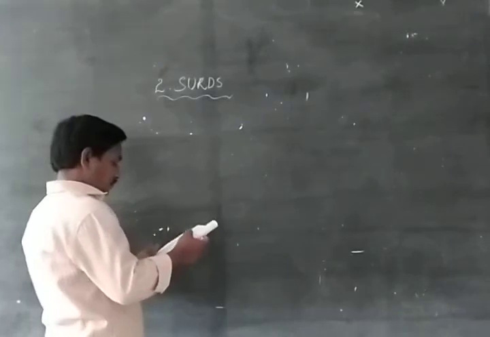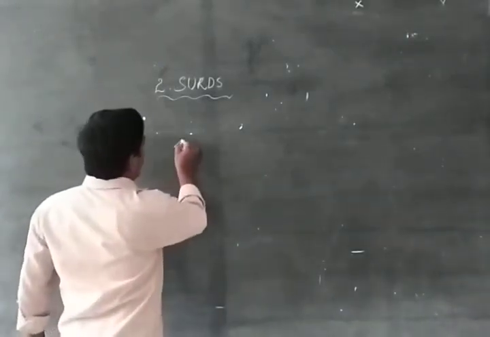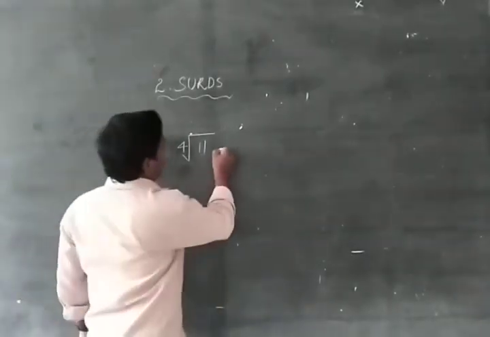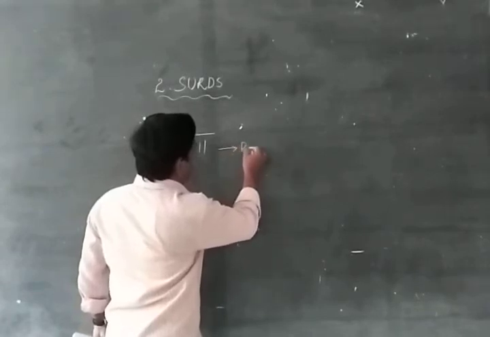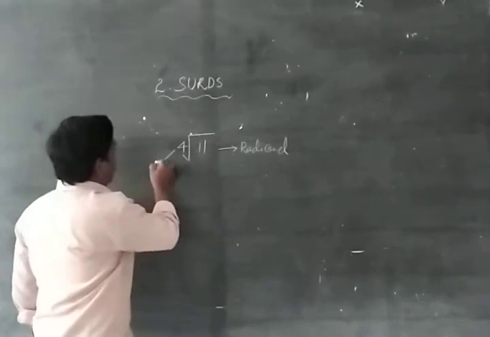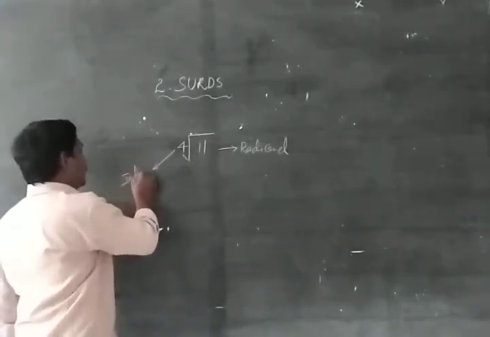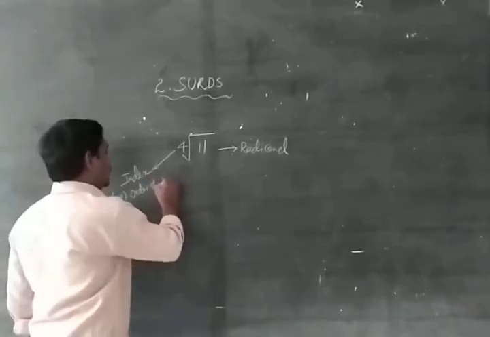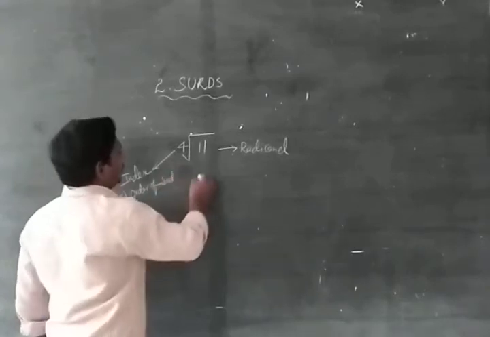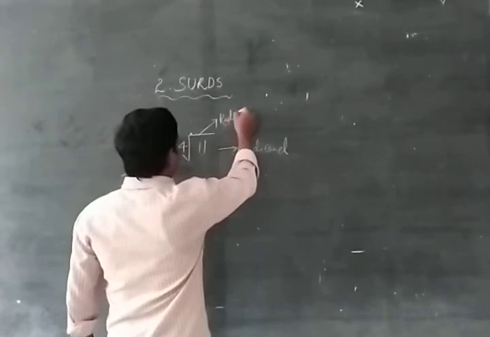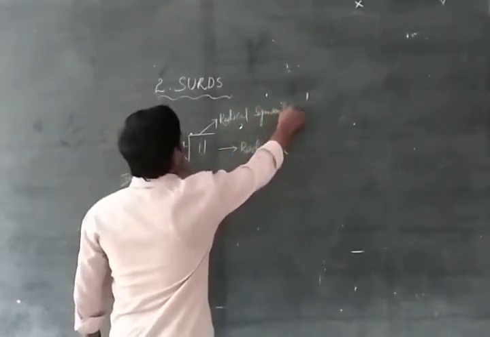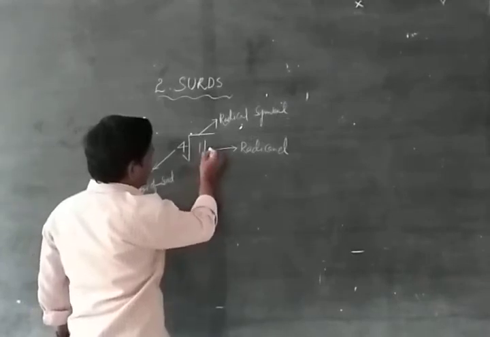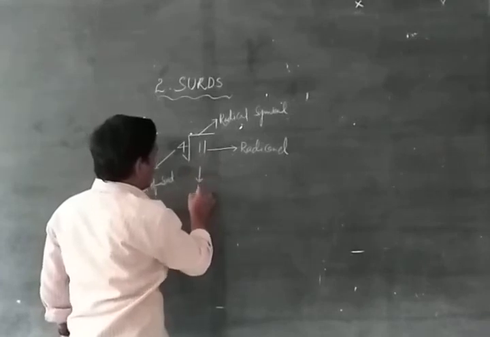For example, fourth root of 11. This is called the radicand, the index or order of the surd, the radical symbol, and this is the radical.